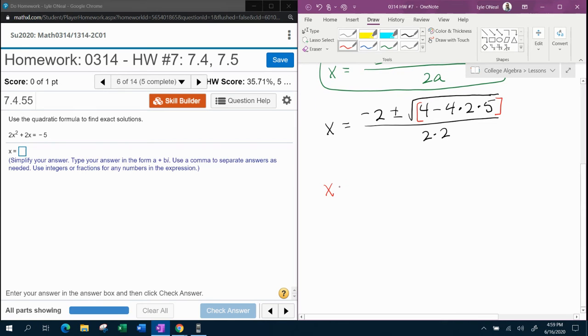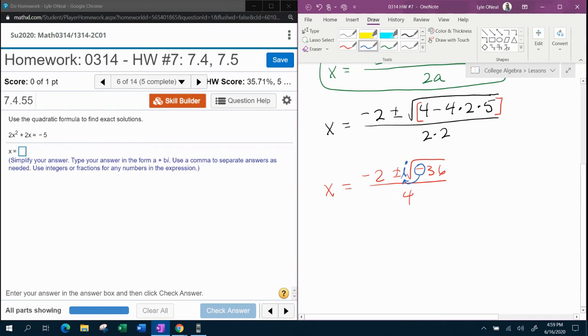So at this point, we have x equals negative 2 plus or minus the square root of negative 36 all over 4. And then if you notice what I noticed, we've got a negative radicand. So if you remember the lesson on complex numbers, we know that if you have a negative under a square root, the negative can come out, and that's where i comes from, okay?